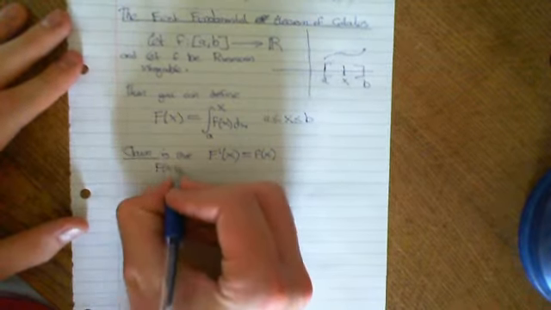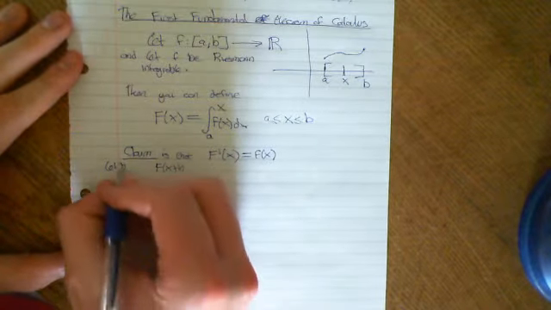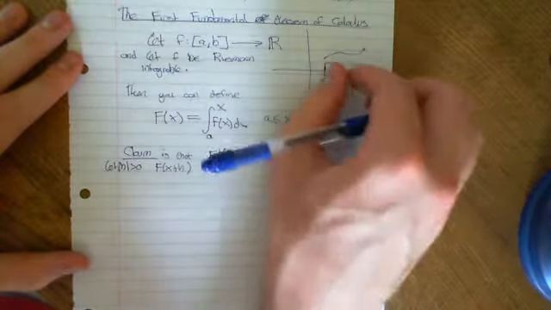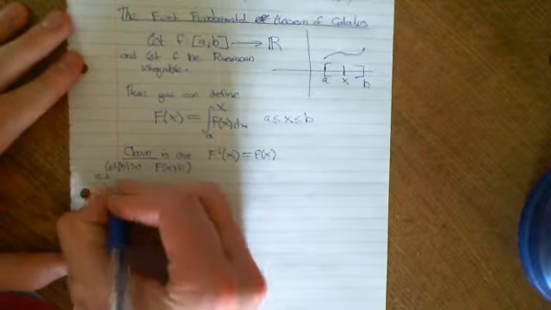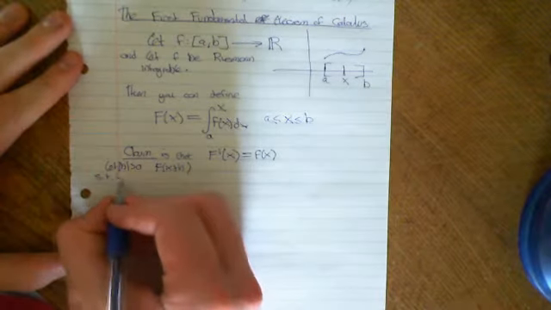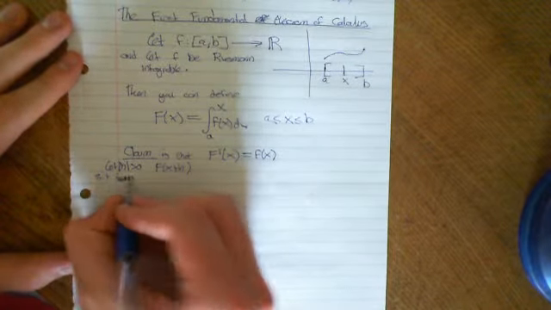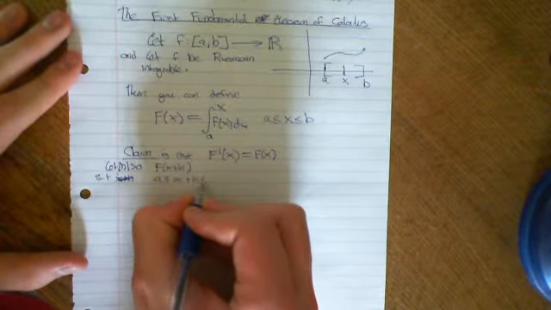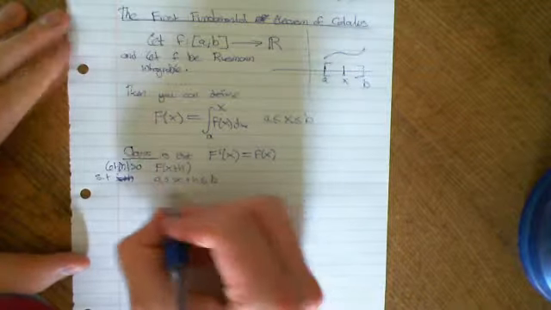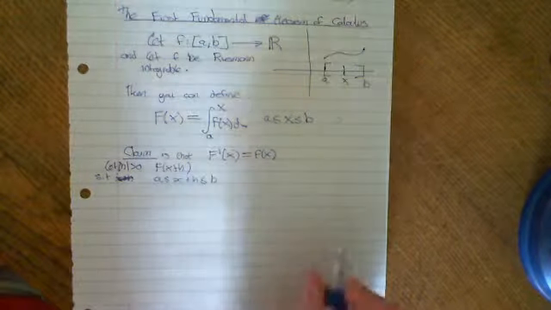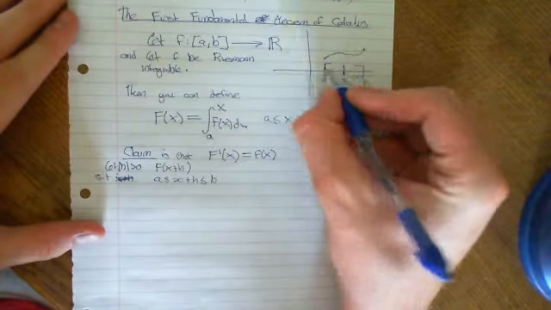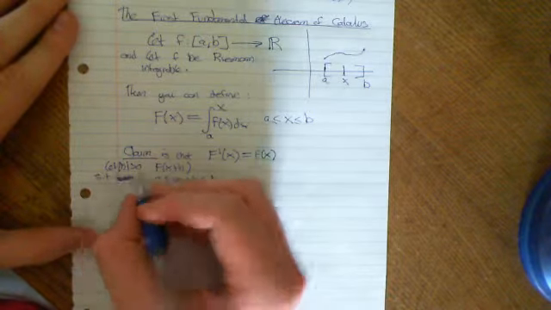Let modulus of h be greater than 0. h is some little real number such that a is less than x plus h is less than b. When you add on the h, it doesn't necessarily have to be a positive number, it can be a negative number, hence why I said modulus of h is greater than 0.